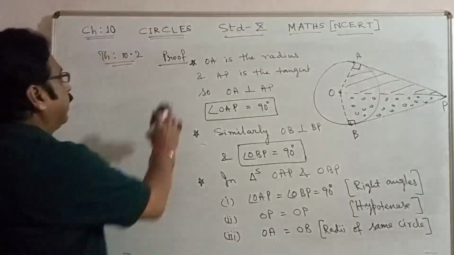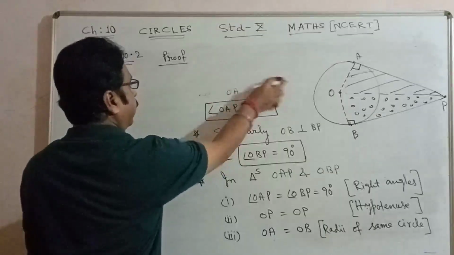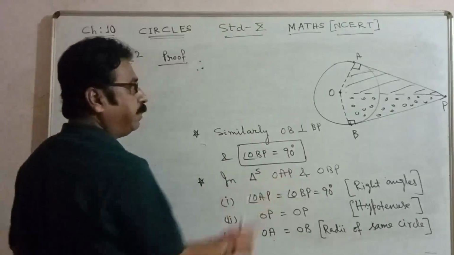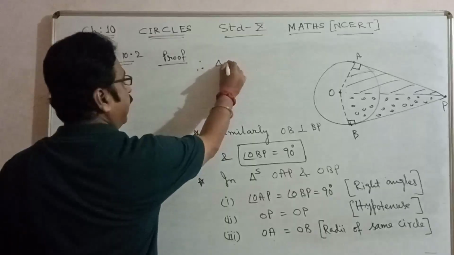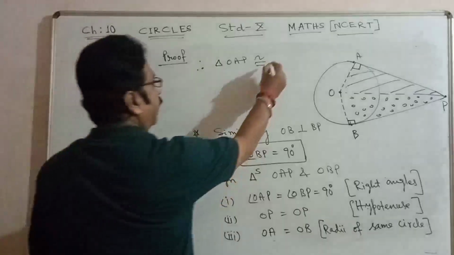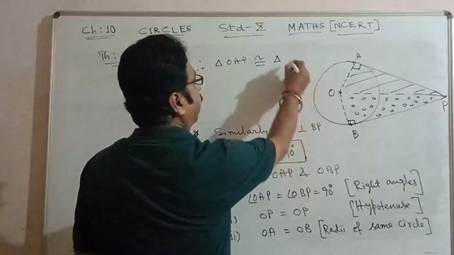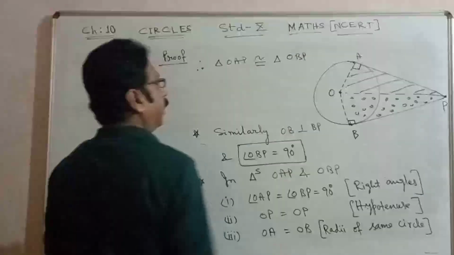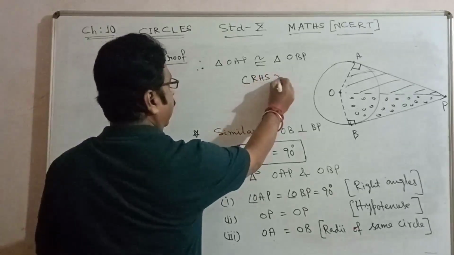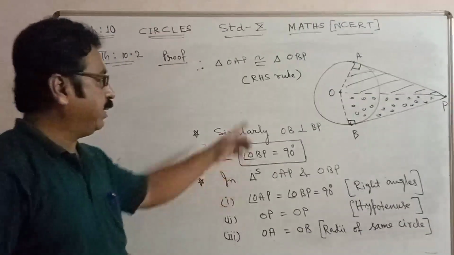We can write the next point. Therefore, this triangle OAP is congruent to the triangle OBP, by RHS rule or RHS congruency.